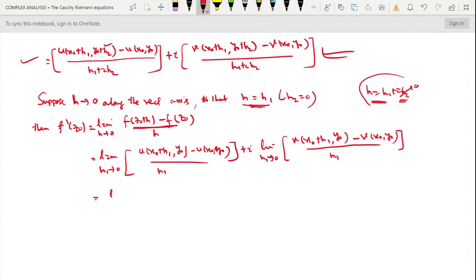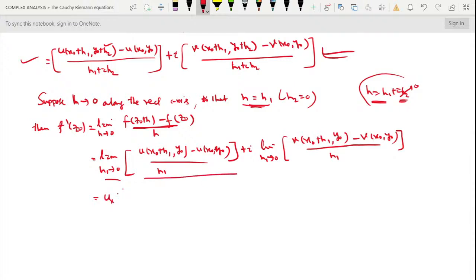And this is the limit as h1 goes to 0. What is the limit of this value?